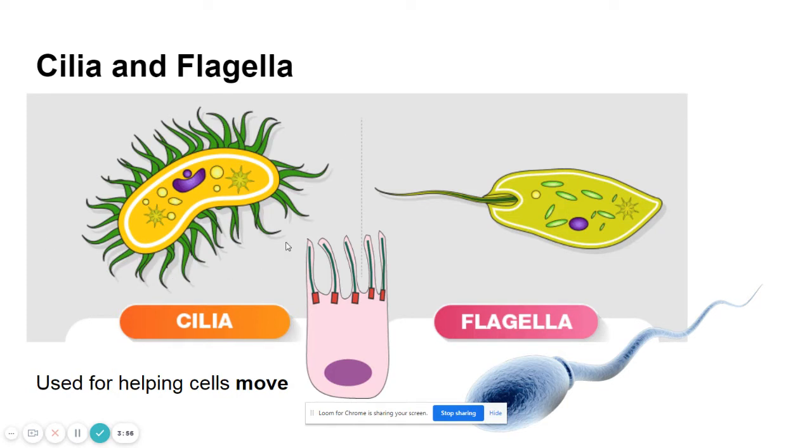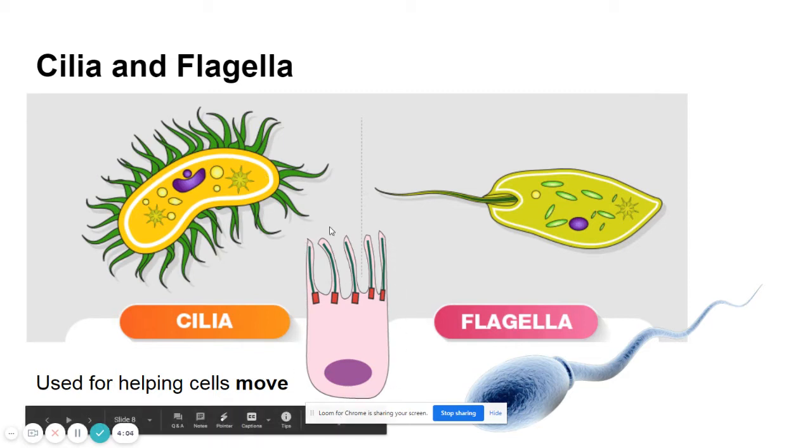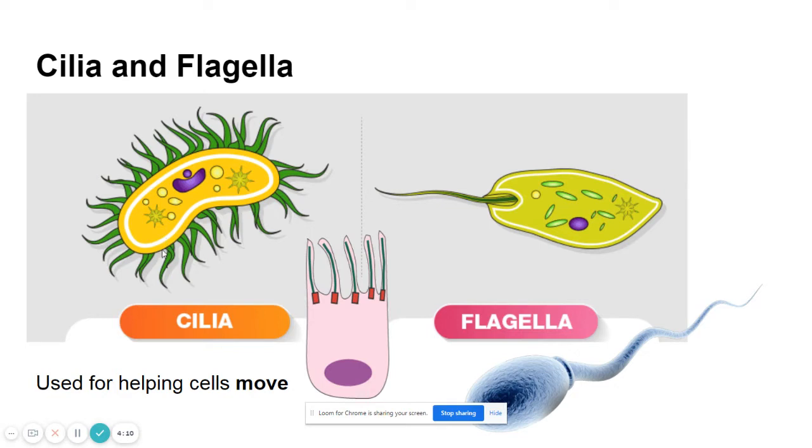So we'll find cilia around cells that are found in our respiratory system or respiratory tract, such as the ciliated epithelial cell, which is found in your respiratory tract. And the main point of having these cilia is it allows movement, so it does provide the cells with the ability to move for some types of cells.